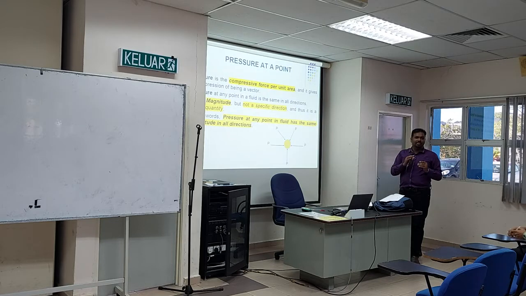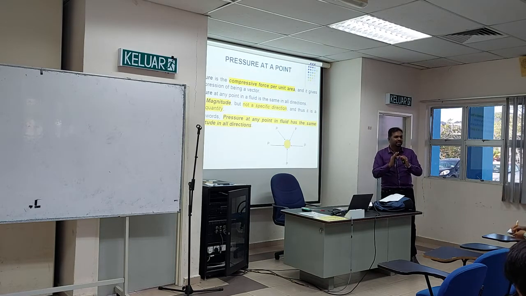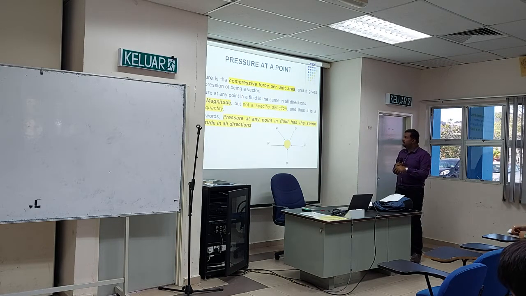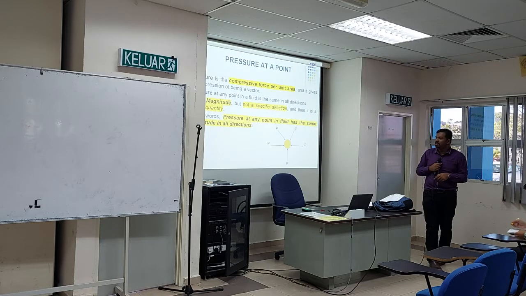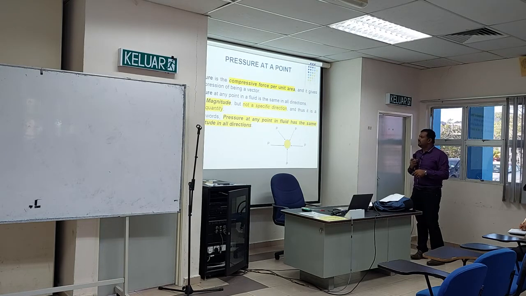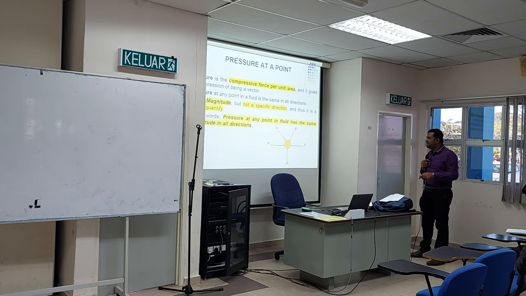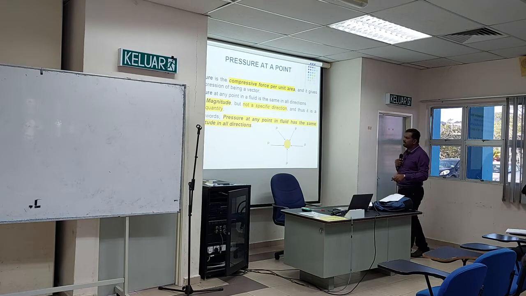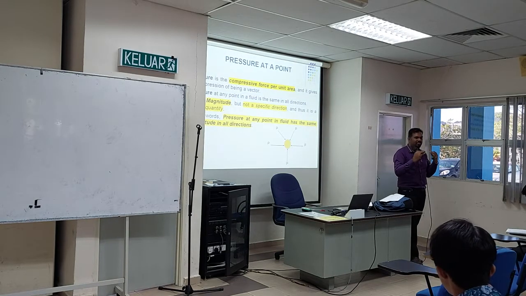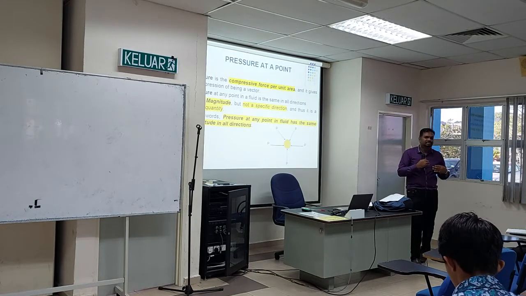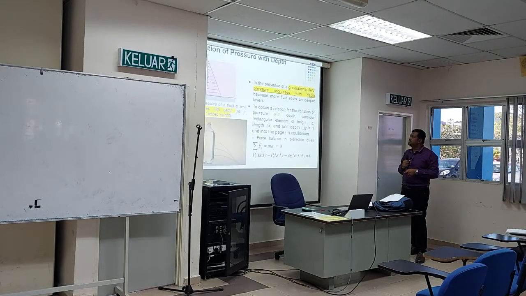Selalunya vector kena bergerak dalam satu particular direction. So kita consider dia satu scalar, sebab dia tak memenuhi syarat vector. Okay, so in other words, pressure at any point in a fluid has the same magnitude in all directions. Maksudnya dia akan experience the same force in all the directions of the exposure.